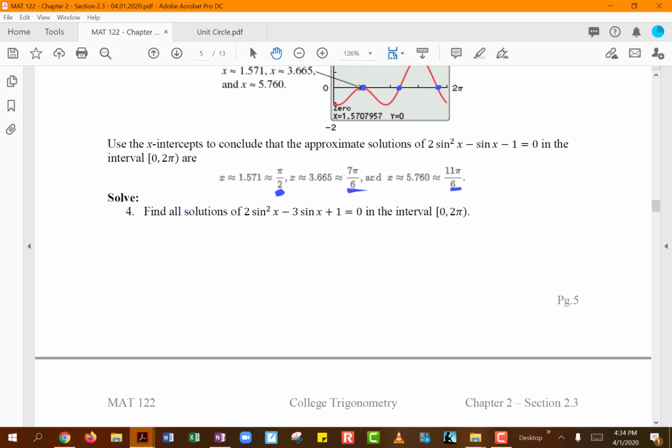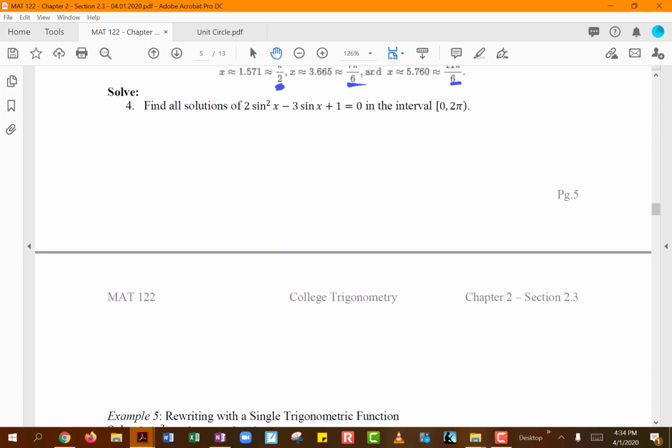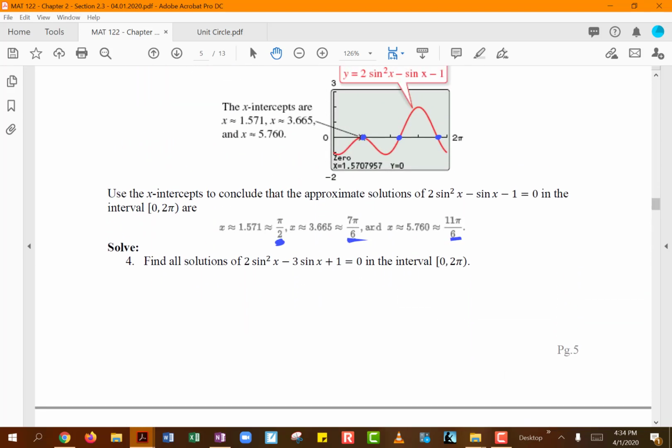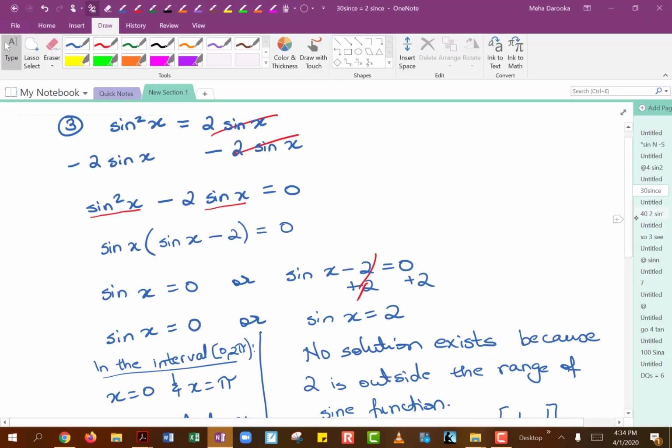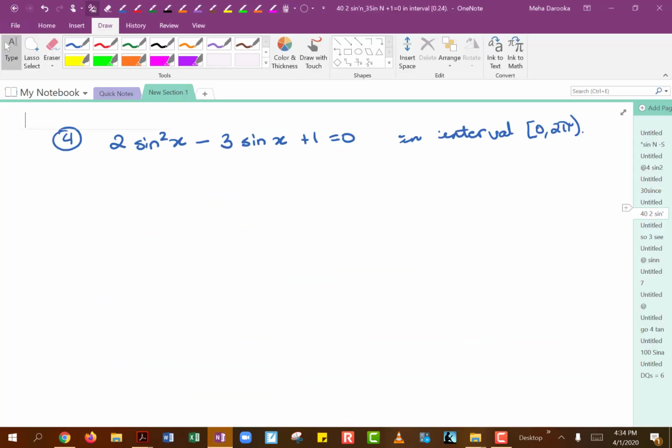Alright guys, so let's see how we can translate this example into our problem here. So we are given 2 sine squared of x minus 3 sine of x plus 1 equals 0. And again, we're only doing this in an interval from 0 to 2 pi. So let's go ahead and take a look at this example here.